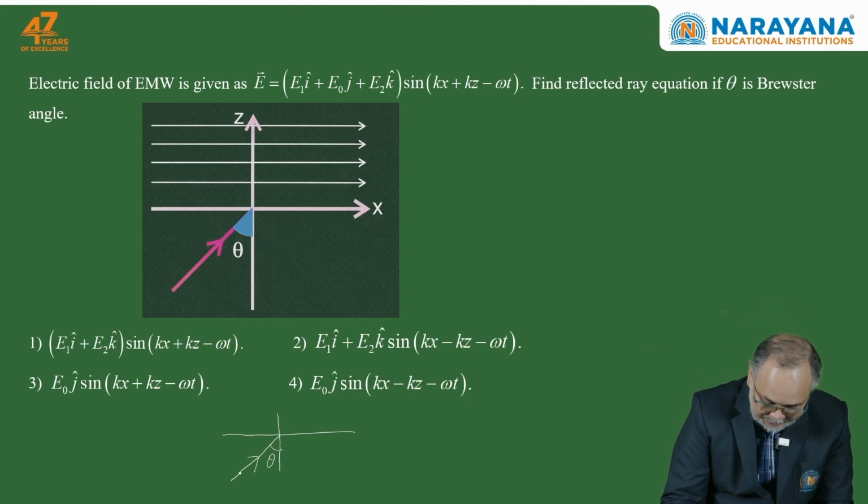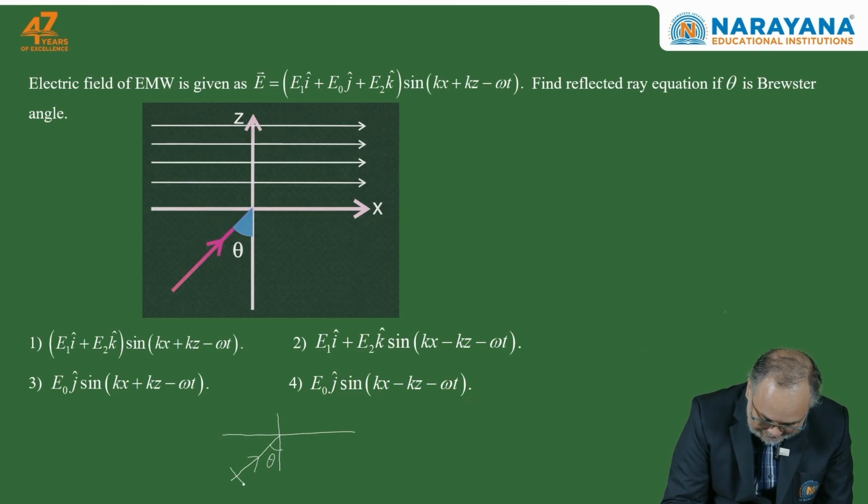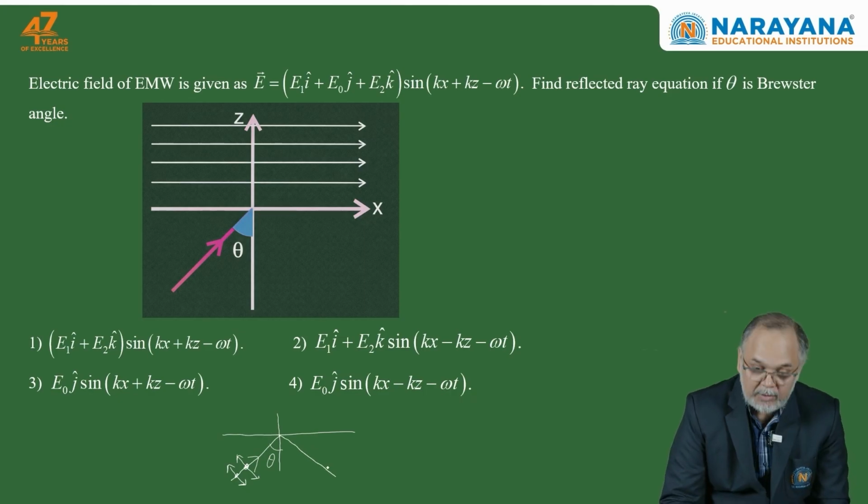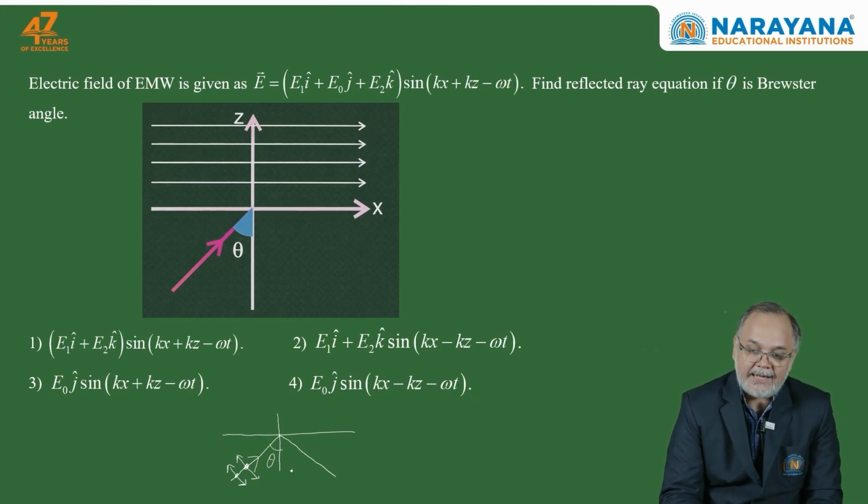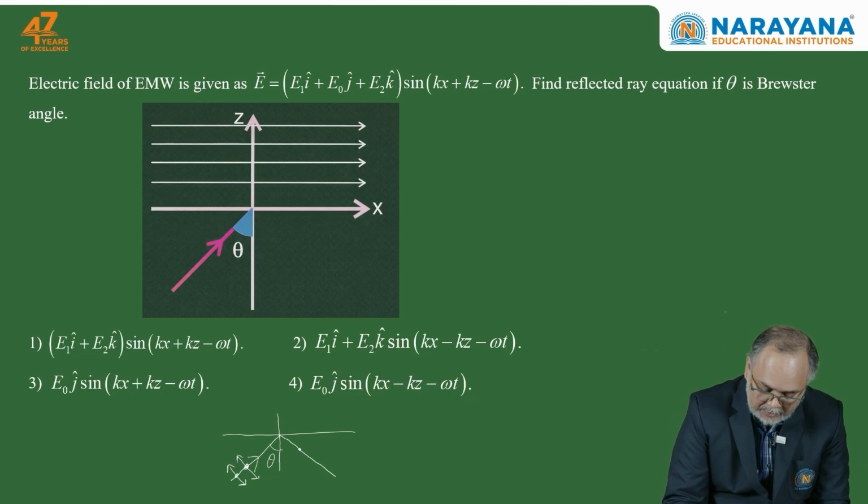Now we know that if we have unpolarized light like this and it is incident over here at Brewster angle, then what will happen? The reflected ray will become polarized, and in that reflected ray, which component will be left?